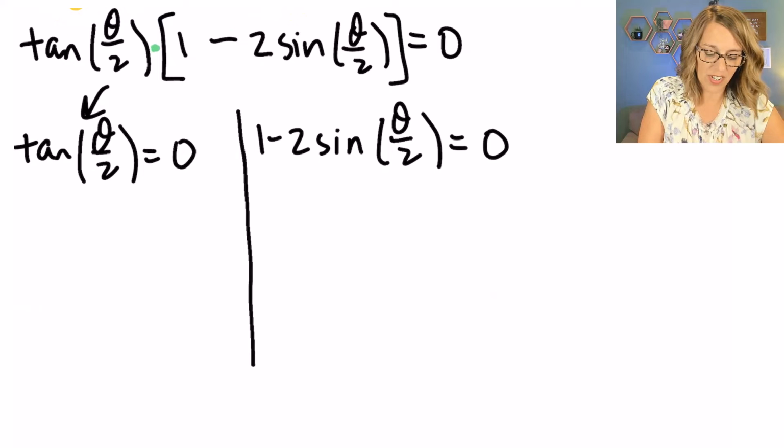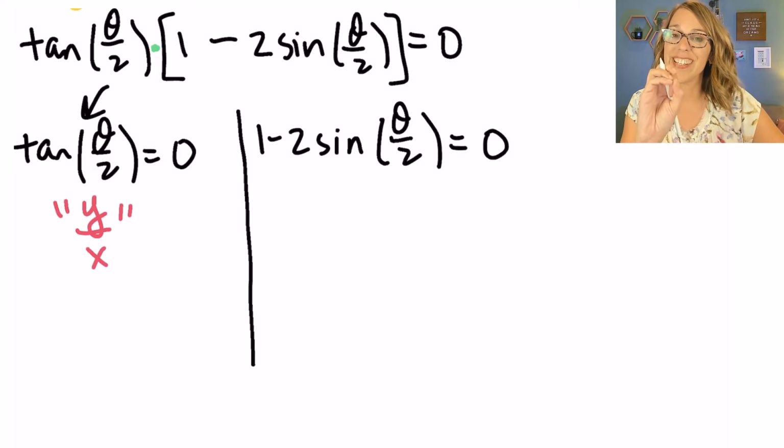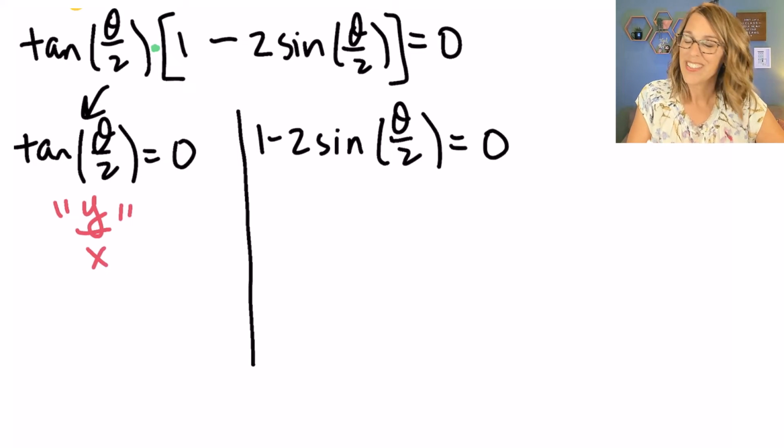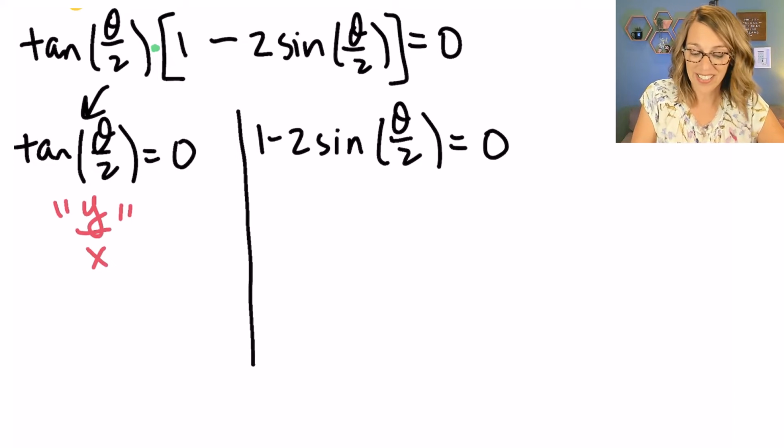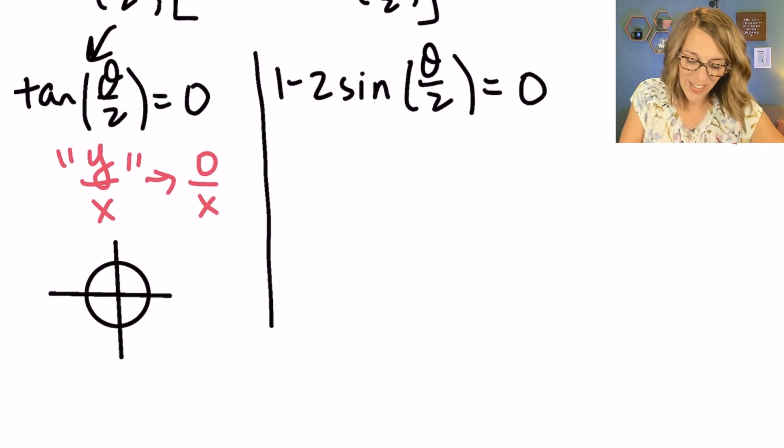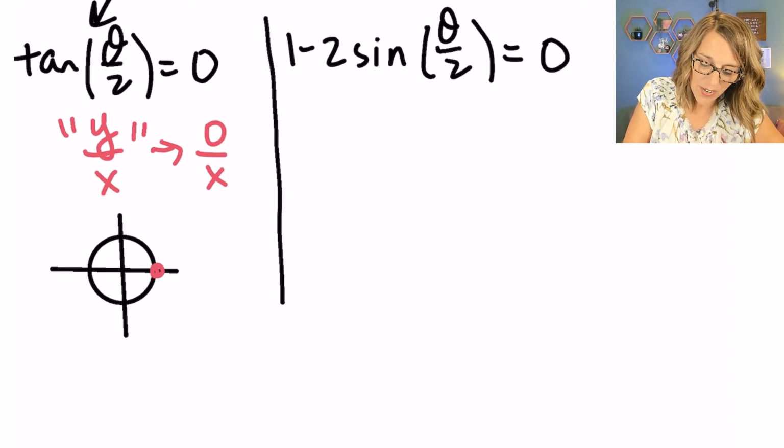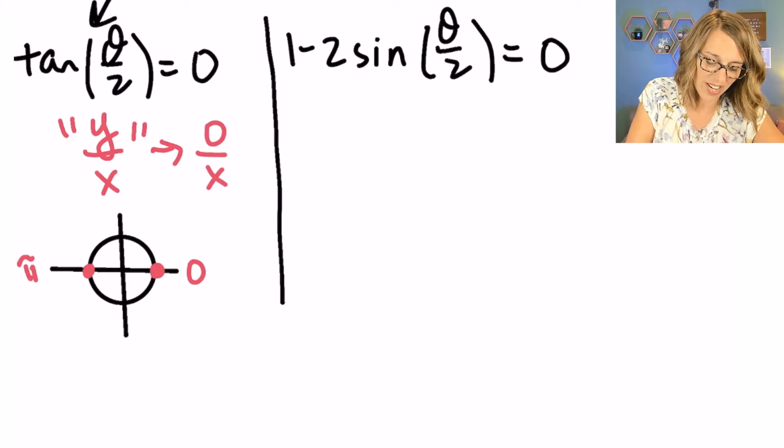Now I know that tangent is y over x, so I want my tangent to equal 0. The only way to get y over x to equal 0 is if y was equal to 0. On that unit circle, y is equal to 0 over here at 0 radians and over here at pi radians.